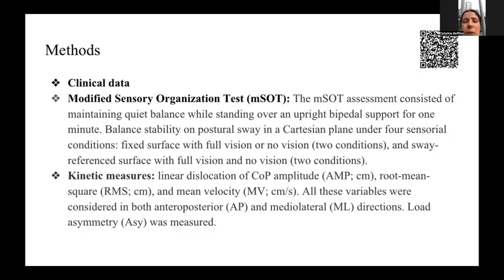And for that, we manipulate, we weight sensorial conditions, using some difference in the surface and in vision. For that, we have fixed and sway-referenced surface, and full vision and no vision for the patients.